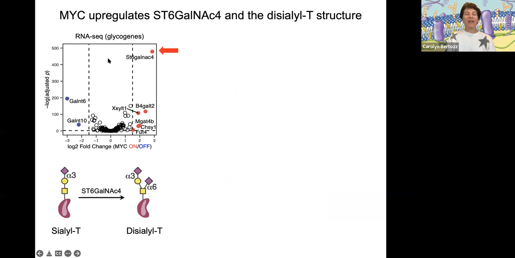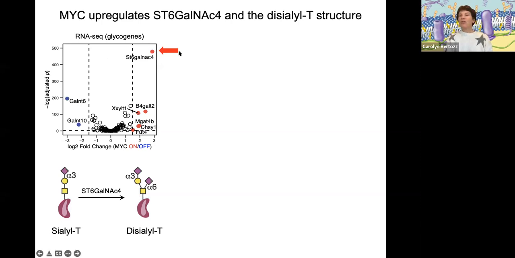So first of all, when he did RNA-seq analysis of the glycogenes of a certain TALL cell line, so acute lymphoblastic leukemia, in the MYC on versus MYC off state, he found that when MYC was on, there was a high expression of one particular gene that encodes a sialyltransferase called ST6 GalNAc4.